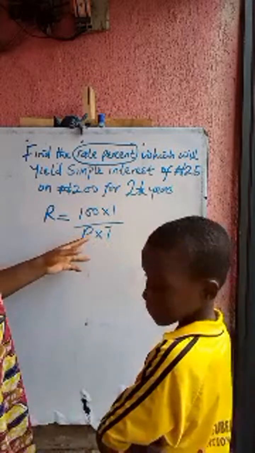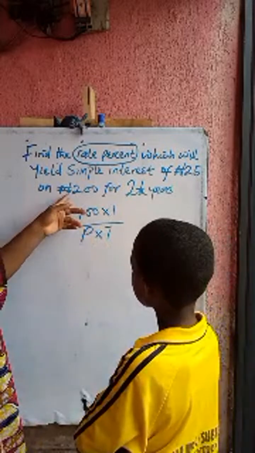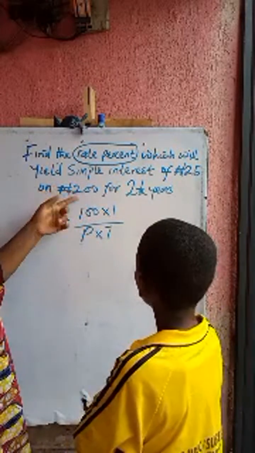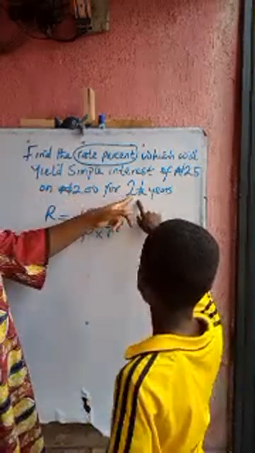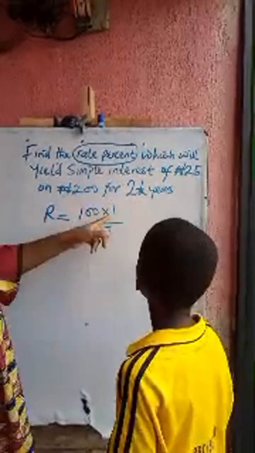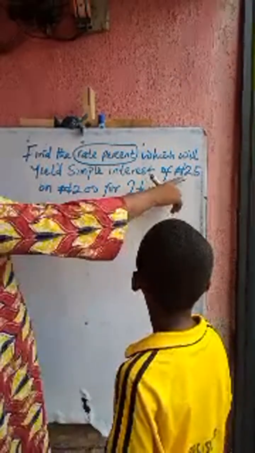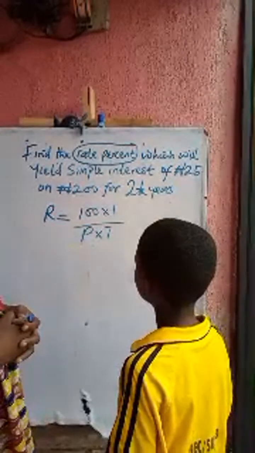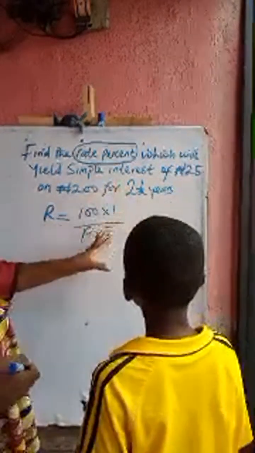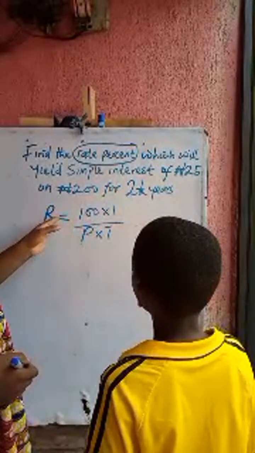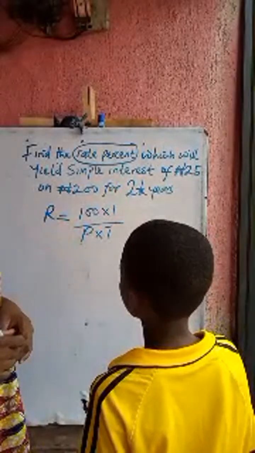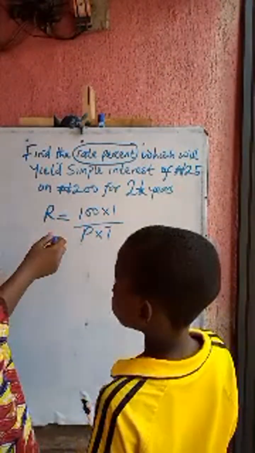The principal is 200, the time is 2.5 years, and the interest is 25 naira. So when we put all these values together, it will give us the rate.